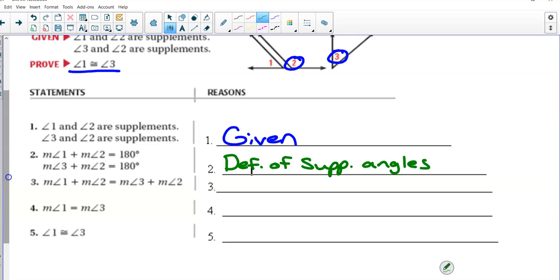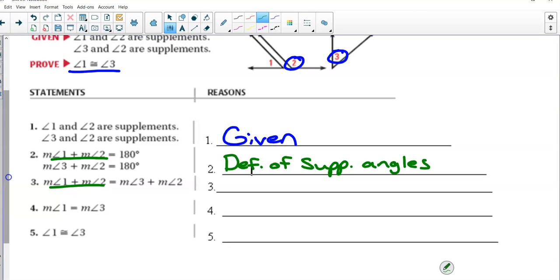Then number 3, we have the measure of angle 1 plus the measure of angle 2 equals the measure of angle 3 plus the measure of angle 2. So again, how can we get to that statement from our previous statements? We can get there from substitution. We can get there from the transitive property also. So substitution, if we know angle 1 and 2 added together, up on number 2, we know it's 180.